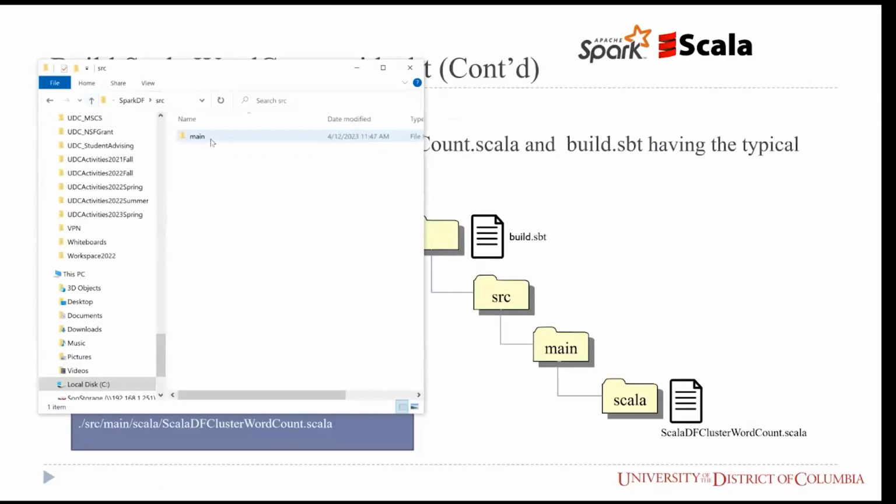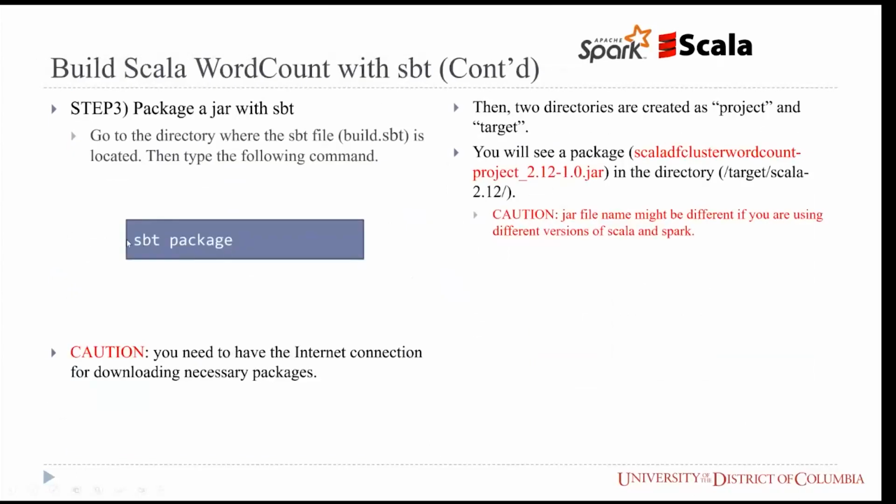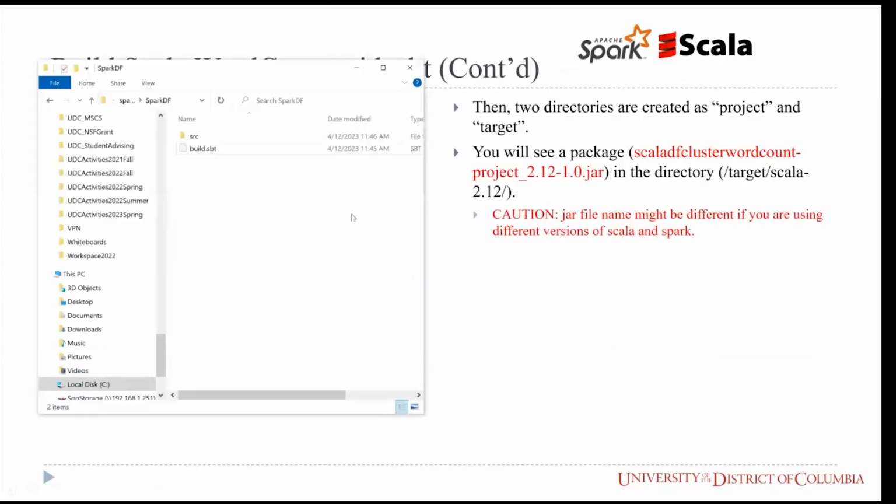All right, so once you have this structure, src, main, scala, and then add the source code into the scala folder, let me go up to these folders. What you need to do is run the build command. This command is sbt package.